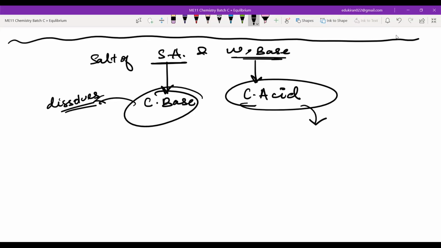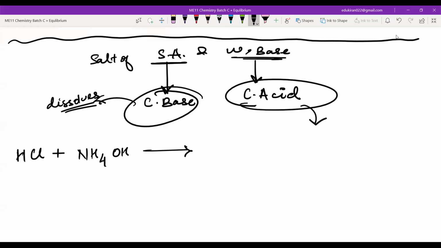The conjugate acid of a weak base, I will have to explain again. For example, strong acid HCl plus weak base, let us take NH4OH.